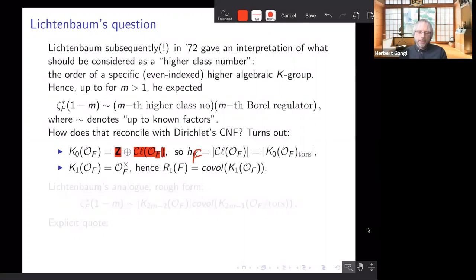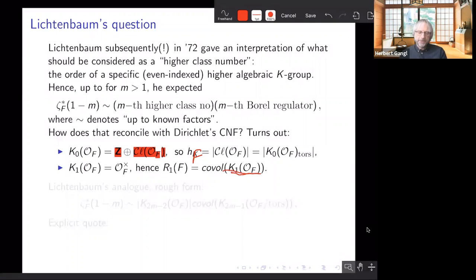And in a similar way, K1 of a ring is simply the units in that ring. And then R1 of F can be written as the co-volume of K1 of OF.